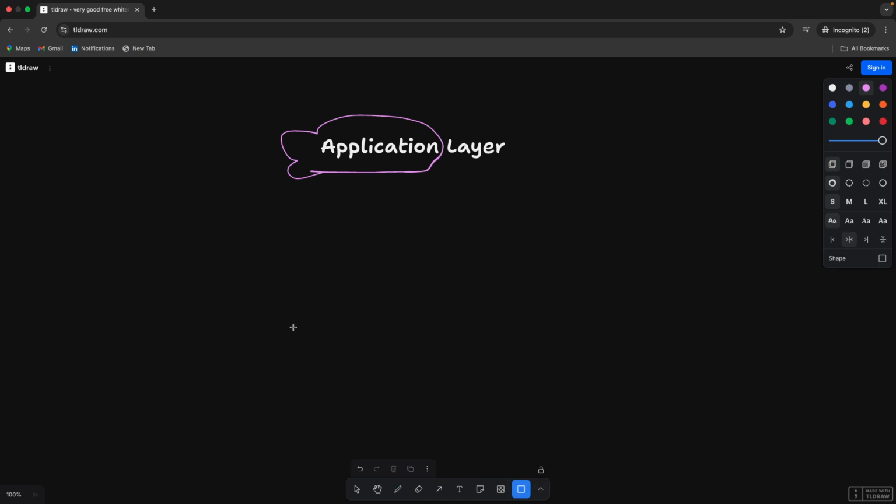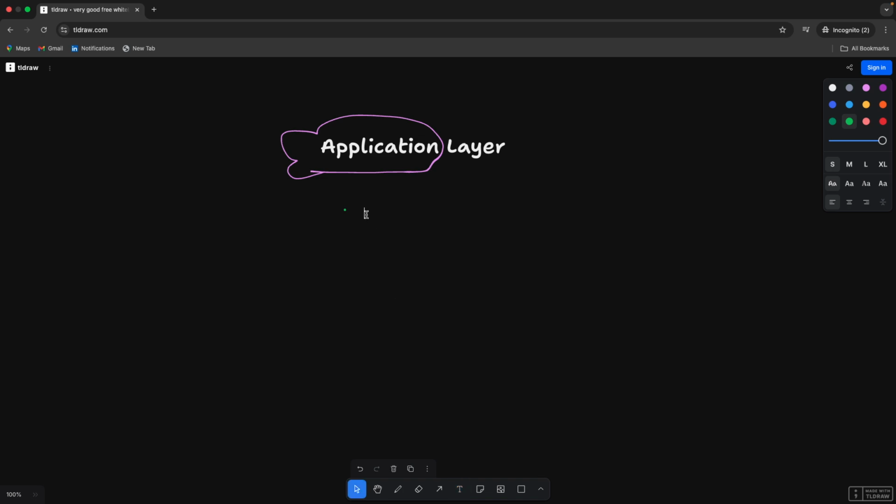So right now we were only dealing with computers, and we were saying how those computers are interacting. So now we have come to the application. Now this application can be any program, right? It can be anything. For example, it can be as simple as a web browser.